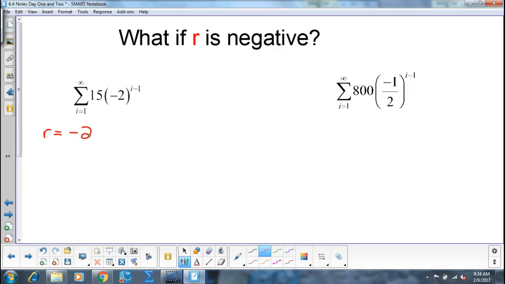So if this was an r value that was positive 2, would we be able to find this sum? No. Because it would be divergent, right? Okay. So, can we do it when it's negative? Well, let's look at a couple of terms. What would my first term in this series be? 15. What's my next term?